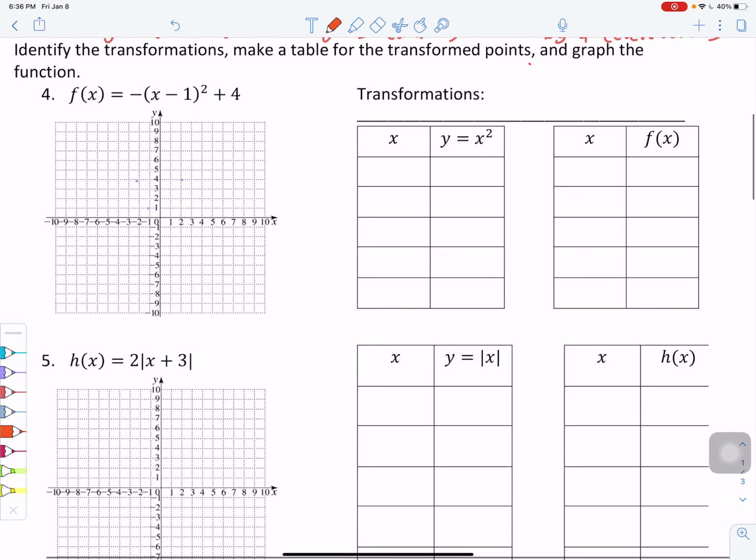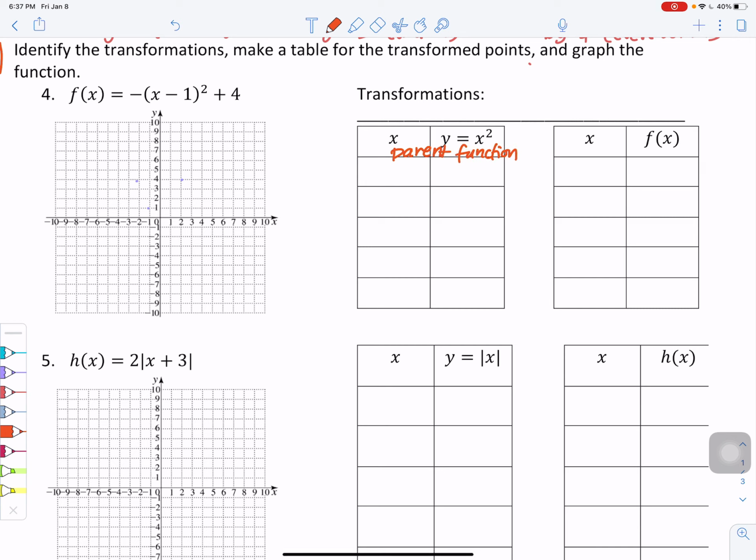Okay, we're going to be identifying the transformations, and then we're going to go ahead and make a table of the points. So in this first one, as you can see, the parent function is y equals x squared.